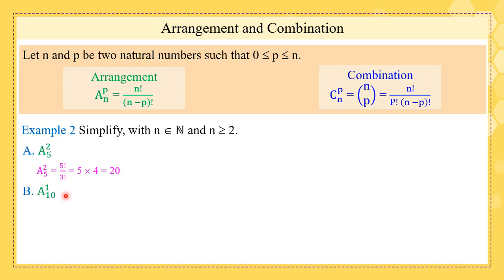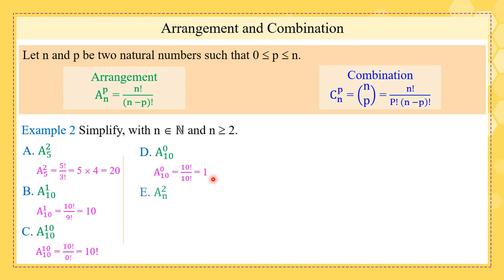Now A(10,1), also applying the main definition, we get 10 factorial over (10 minus 1) factorial, which is 10. A(10,10) is 10 factorial over 0 factorial, and remember by convention 0 factorial is 1. Well, this quantity would be 1.